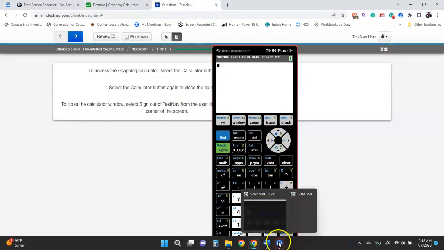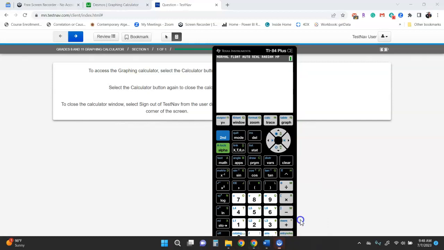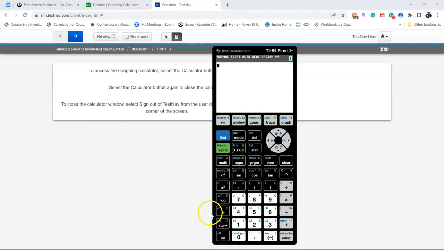Now in a graphing calculator, you will see right here in the LN button, which is next to the 4 button, this little tiny e to the x. That means you're going to have to use the second key and then the LN key.